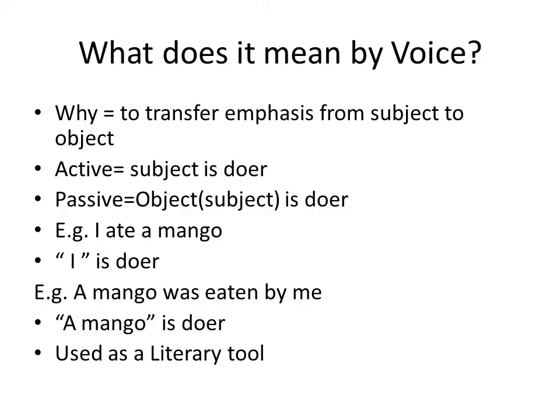The process of eating is happening on the mango. So mango is a passive thing, and I is an active thing. But in the passive construction, a mango becomes active, and by me is some kind of passive thing.